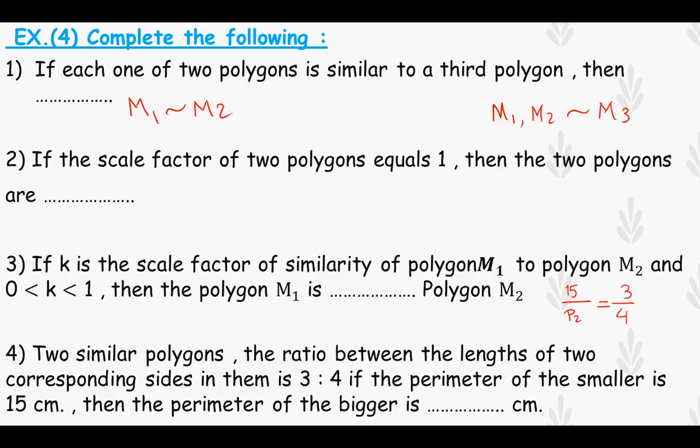Okay, so the perimeter of the second polygon will be P2 equals, by cross multiplication, 15 multiplied by 4 over 3. This equals 20 centimeters. So here we will write equals 20 centimeters. Okay, let's go to another example.